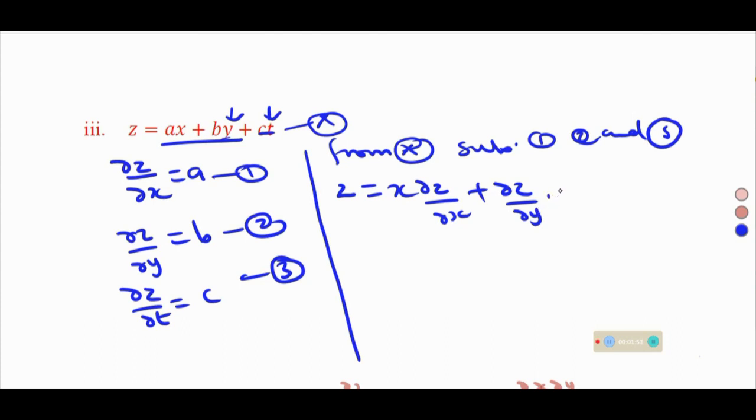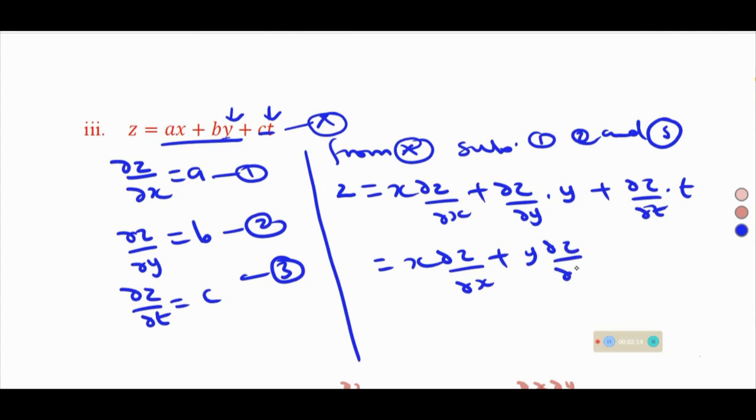We are multiplying this by y, then plus c is del z del t. We are multiplying this by t. So this will give us x del z del x plus y del z del y plus t del z del t. And this will be our partial differential equation that is not containing a, b, and c.